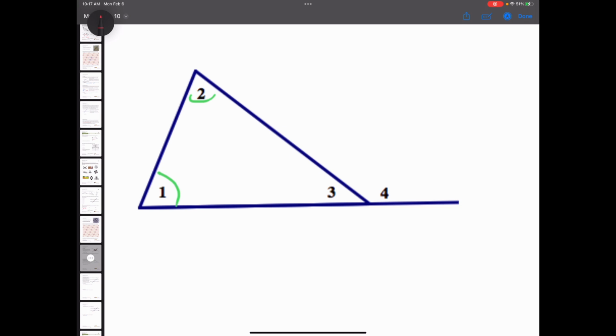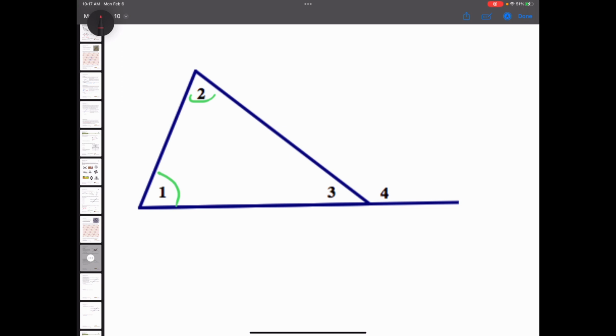Angles 4 and 3 make a linear pair, right? And since 3 and 2 and 1 also have to add up to 180, because triangle, you can say that 1 plus 2 plus 3 equals 180, and 3 plus 4 equals 180. You can do the same subtraction property of equality.